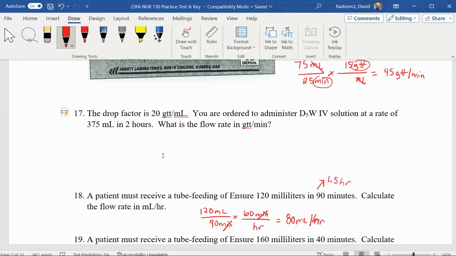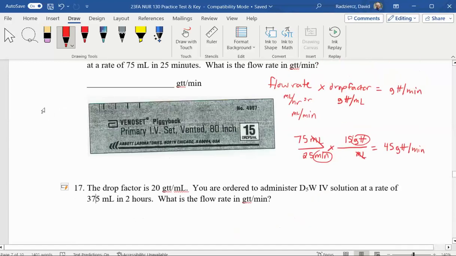And then once you get it, go ahead and put your answer into the chat. Again, direct message if you're not certain. But I've changed all the factors. I've given you a different drop factor. I've given you a different flow rate. But if you follow the equation of flow rate times drop factor, you will get to the answer that you're looking for. So we'll see.